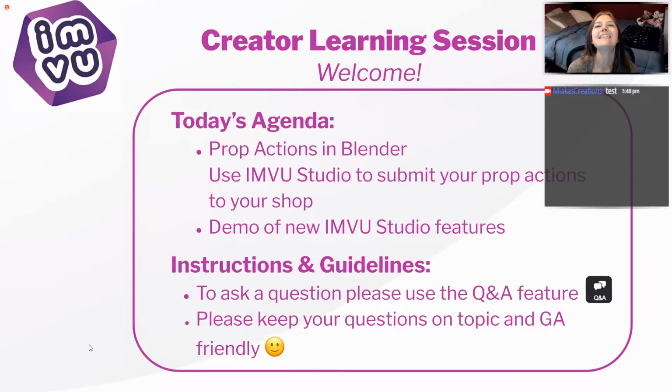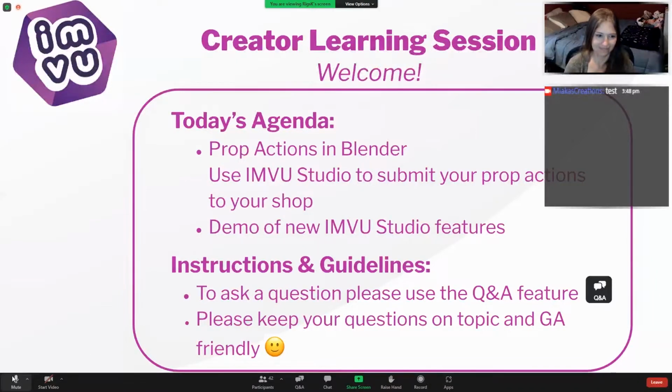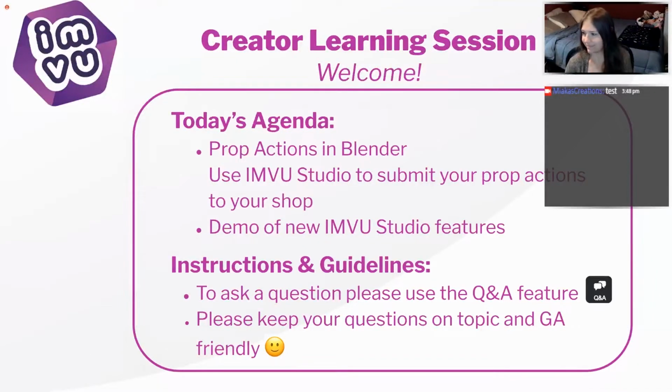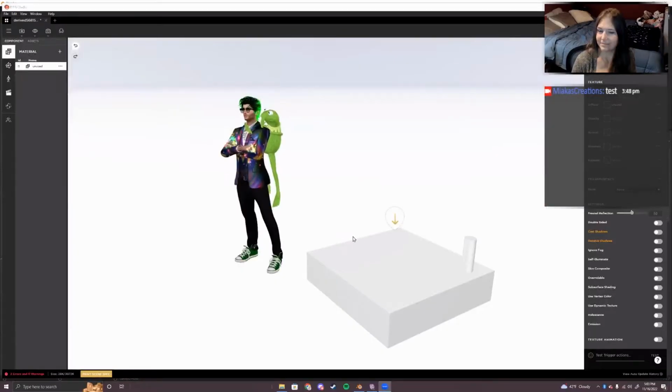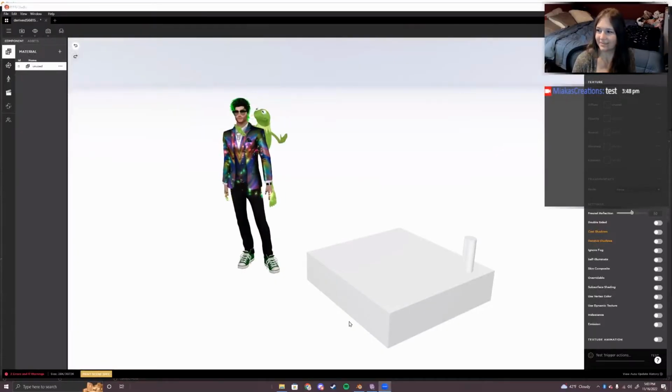Now let's get started. I think Mighty Seven is going to take us through the IMVU Studio Toolkit for Blender and prop actions. Let's see. I'll start sharing. Okay, so I'll start by just showing what we are going to be making.